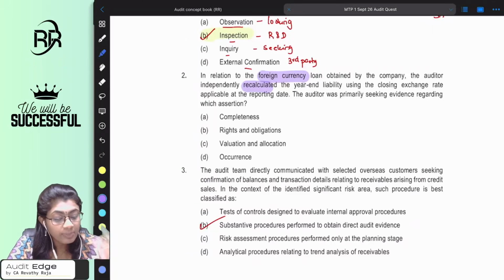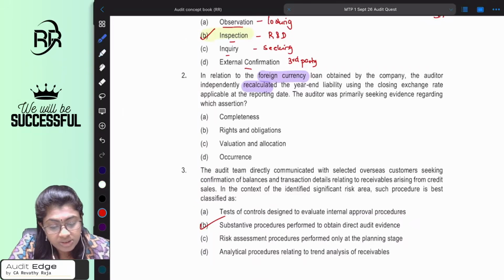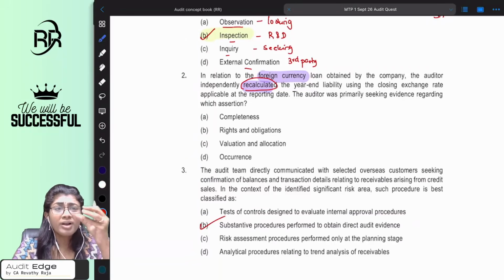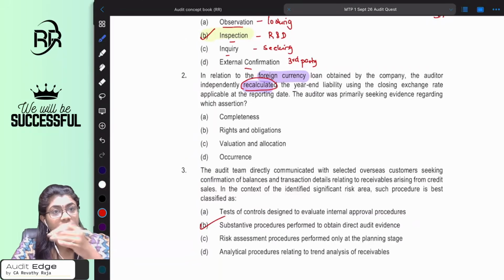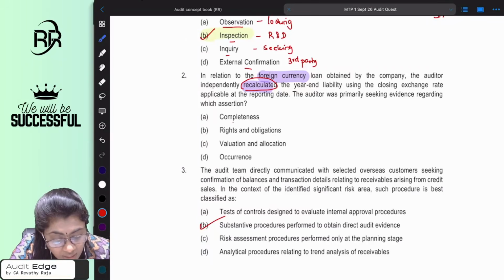The auditor was primarily seeking evidence regarding which assertion? See, he is checking the arithmetical accuracy. Regarding recalculation, foreign currency, $1 is equal to this much. We are recalculating. So recalculating is to establish which assertion they are asking.